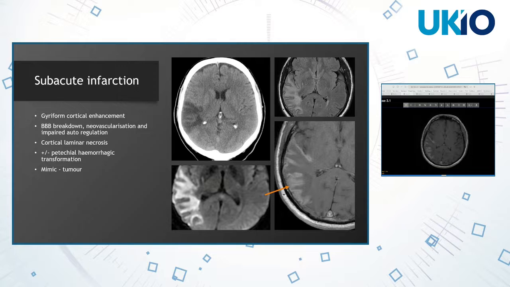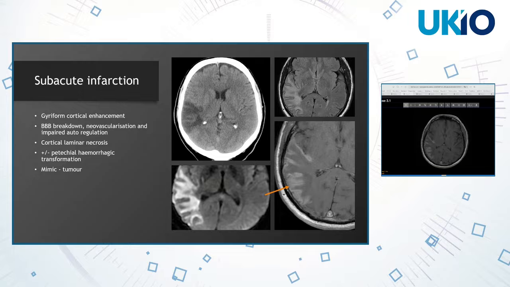And this enhancement is thought to be related to a mixture of breakdown of blood-brain barrier, new small blood vessels, and there may be an element of necrosis of the cortex, or what's known as cortical lamina necrosis, although often that also shows as T1 hyperintensity a little bit later.